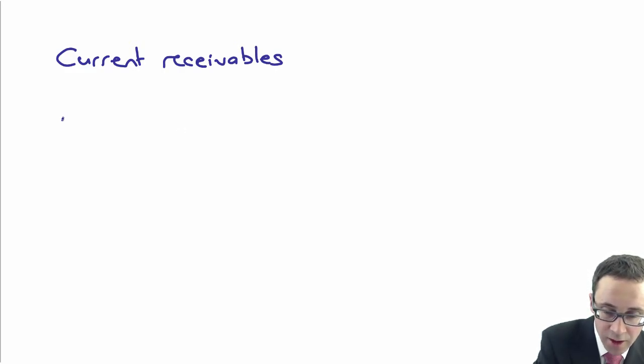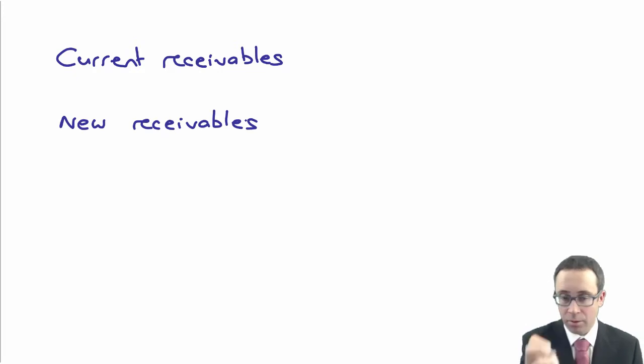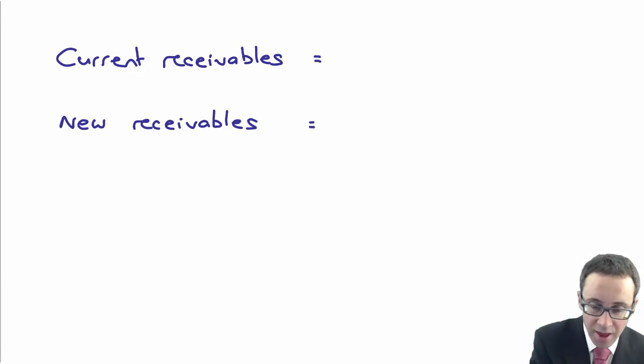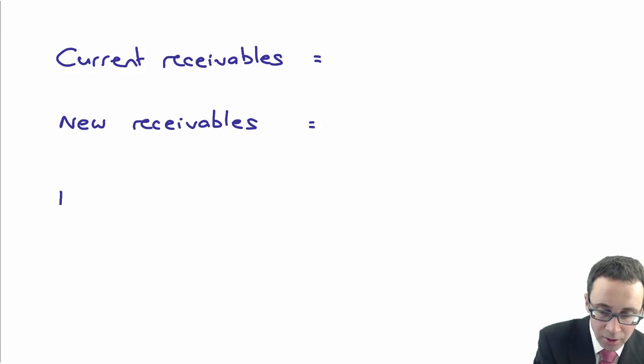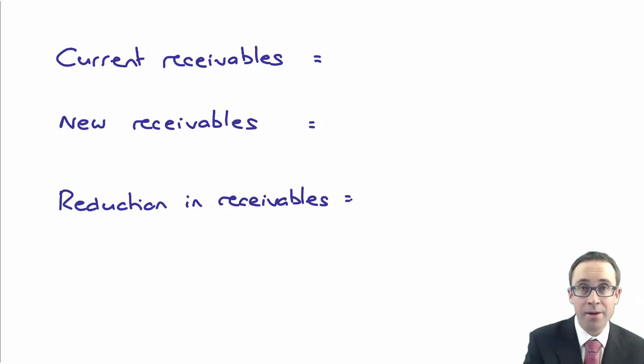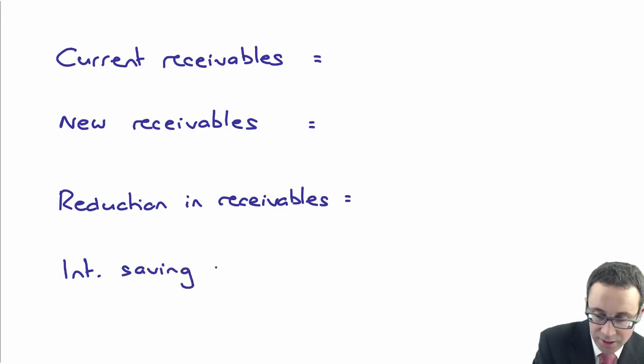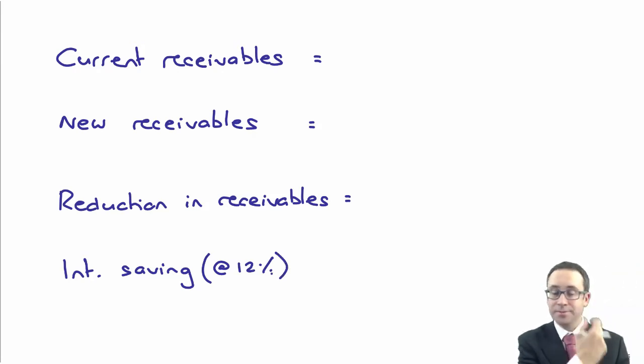We then need to look at our new level of receivables, because once we've got that, we can then look at the reduction in the receivables, being the difference between the two, and then we can work out the interest saving. The interest saving there is at 12%.